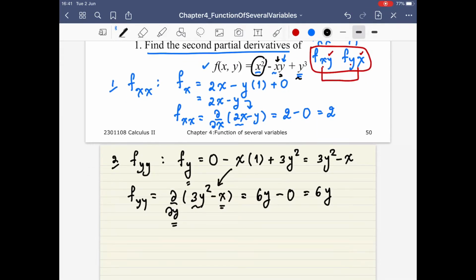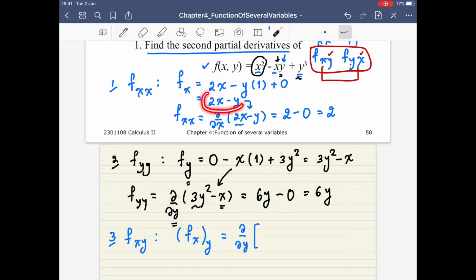Next, if you want to find f sub xy, what does this mean? You need to find f sub x first, and then take the further derivative with respect to y. So it is a derivative with respect to y of f sub x. Here is your f sub x, right? So you just plug in 2x minus y.